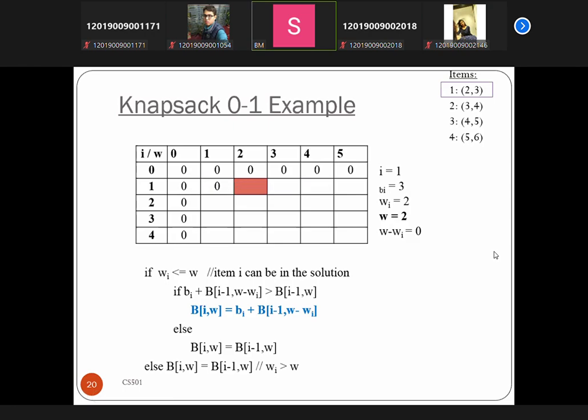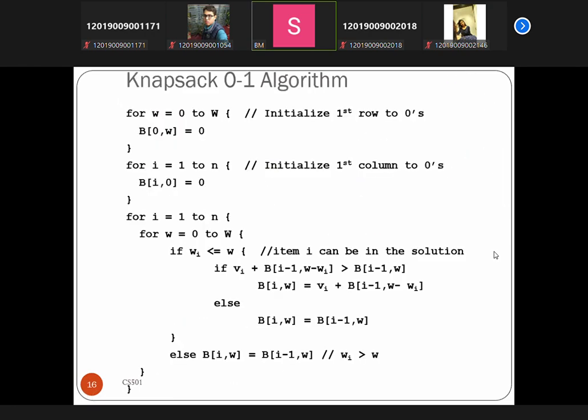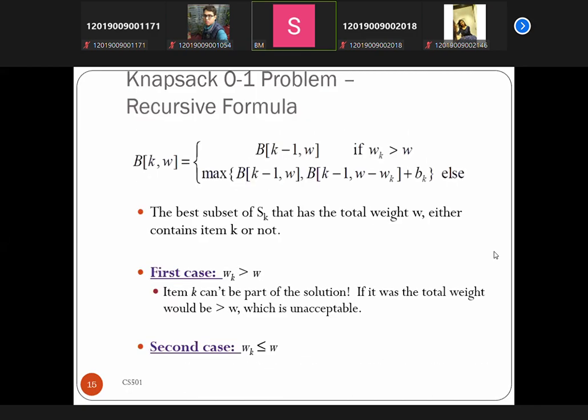Actually, what it's doing, if you go back to the formula and want to complete it with the entire formula, see, K minus 1, comma W. If W suffix I is greater than this W, where W is the column number, that is for weight, or you need to take the max of K minus 1.